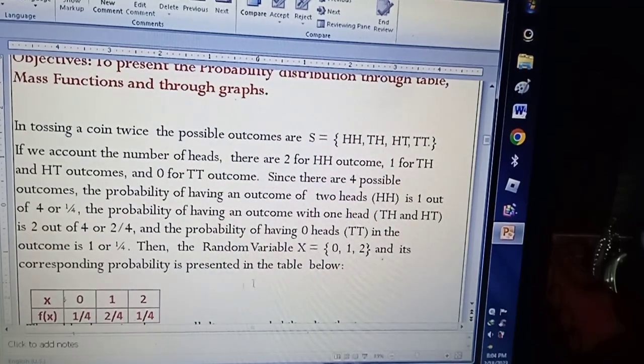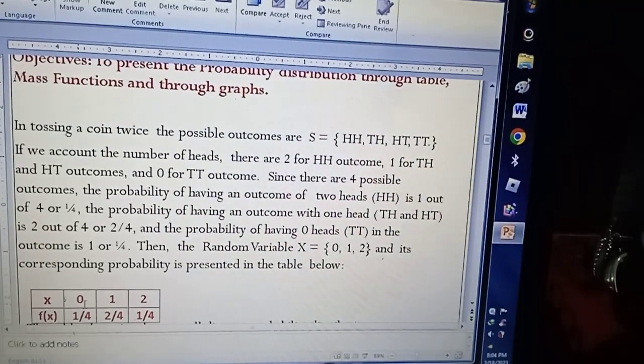Then the random variable x equals 0, 1, 2, and its corresponding probability is presented in the table below. For the random variable x, that is 0, 1, 2, the probability that 0 heads come out in the outcome is 1/4, the probability that 1 head comes out is 2/4, and the probability that 2 heads come out is 1/4.